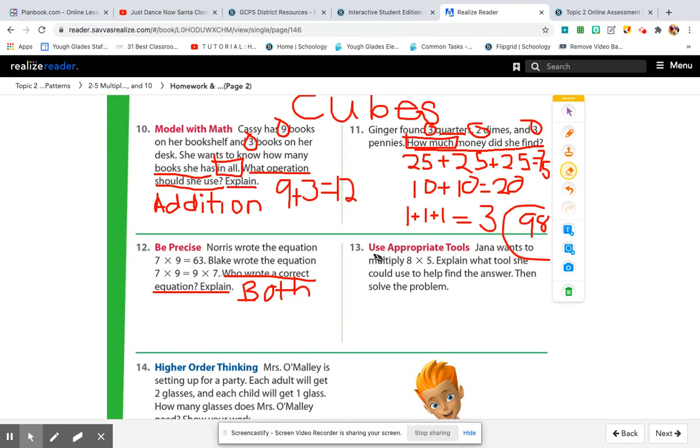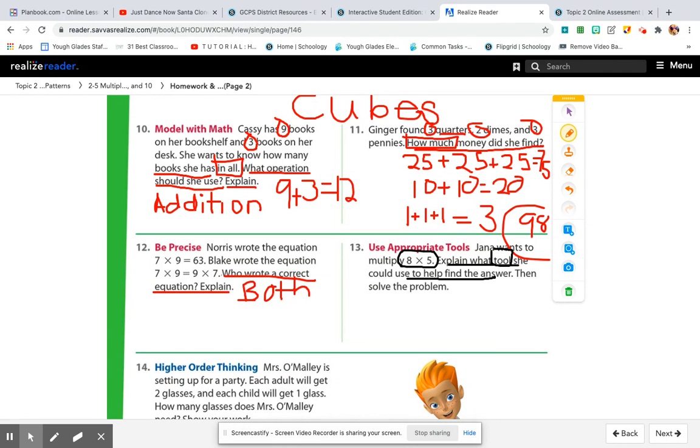So using cubes, let's make sure we're circling all the right things we need to here. So 8 times 5 is essential. We need to circle that. And those are the only numbers we see. What is this asking us to do? We have to underline it. Explain what tools she would use to help. Now, there's nothing to box up because it's not telling us a specific operation to use, but we know we have to focus on what kind of tools.